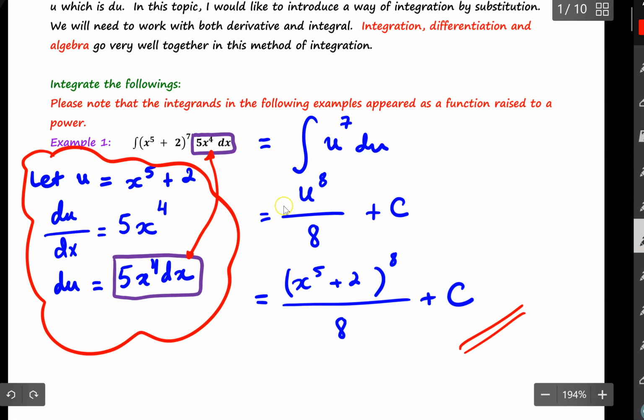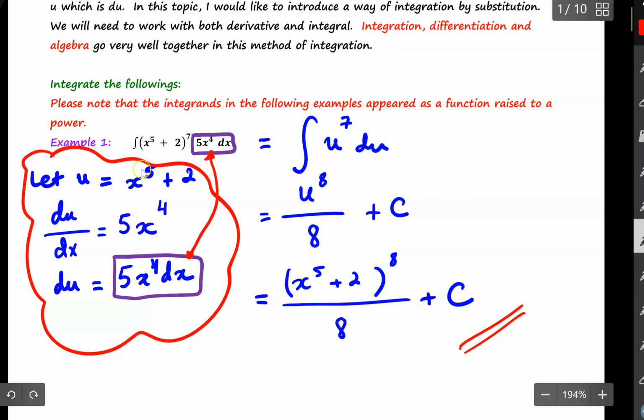Alright, okay. So all you have to worry about at first is to make sure that you choose the right u. So if you happen to choose this 5 times x to the exponent 4 as u, when you differentiate that, you don't have anything very close to this, then you know for sure that you should choose x to the exponent 5 plus 2, all of it, as the u.